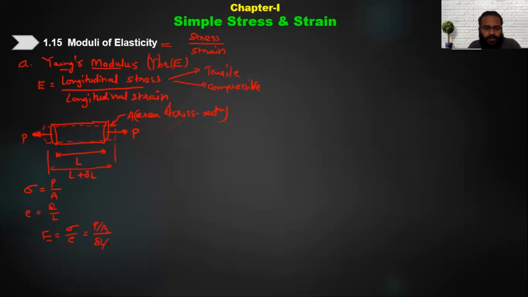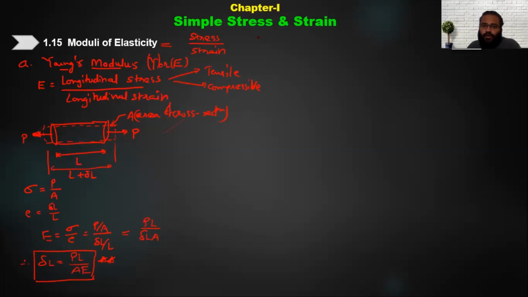If I simplify this, I will get E equal to P L upon delta L into area. If I rearrange, I can calculate the elongation delta L as P L by A E. Now this is the formula which we'll be using frequently to calculate the elongation if it is subjected to tensile stress, or it can be used for compressive also. Only delta L will be negative. Getting it? Whatever star marking I am doing, these are for you to remember when we solve the numerical problems. So this is nothing but my Young's modulus.